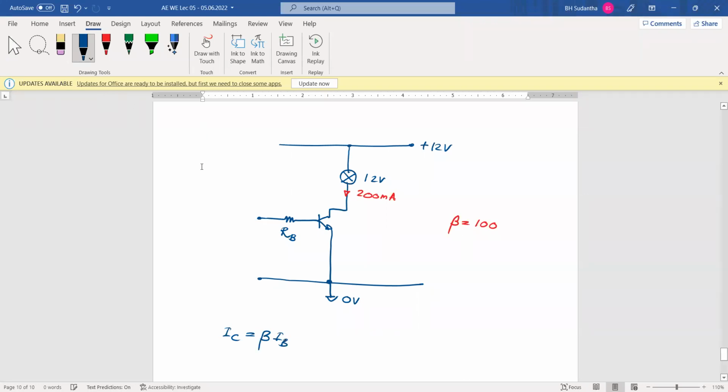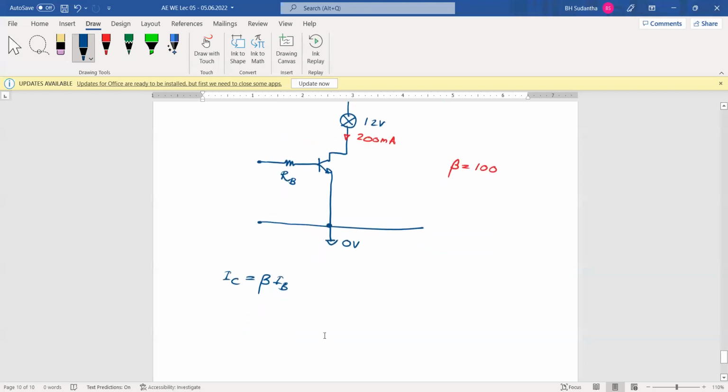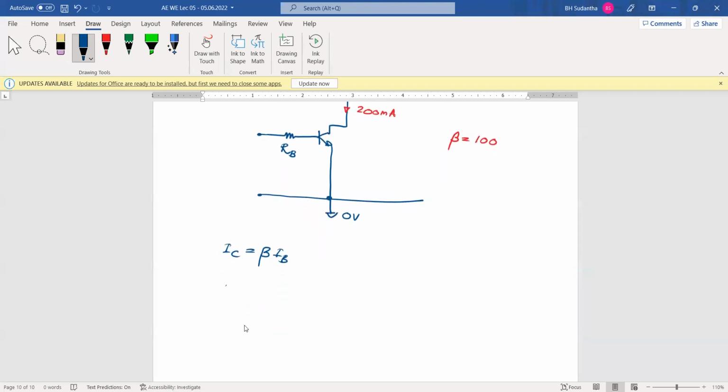Now we have to find IB here. IB is IC divided by beta. IC is 200 milliampere. Beta is 100. And as a result, IB will be 2 milliampere.